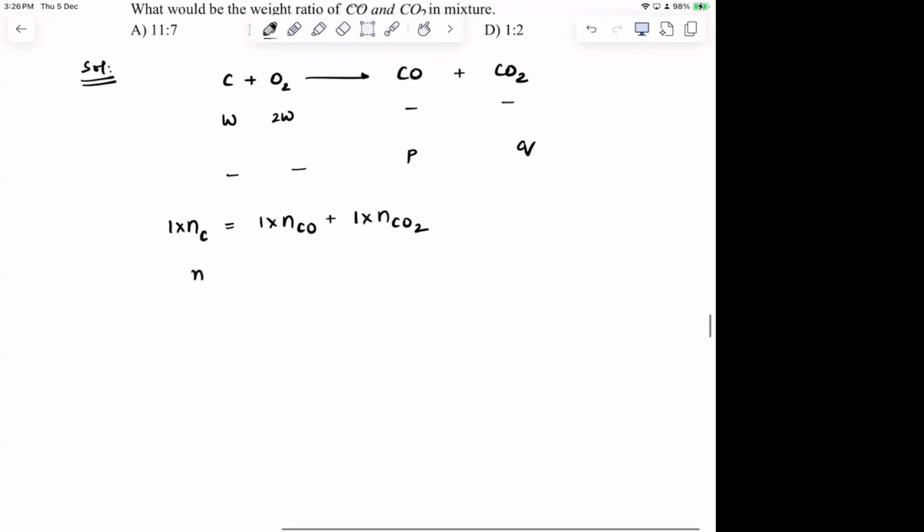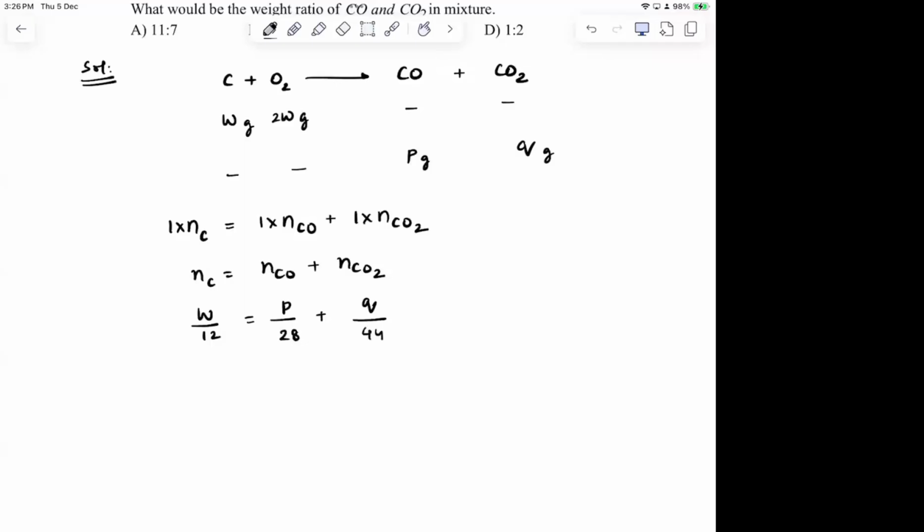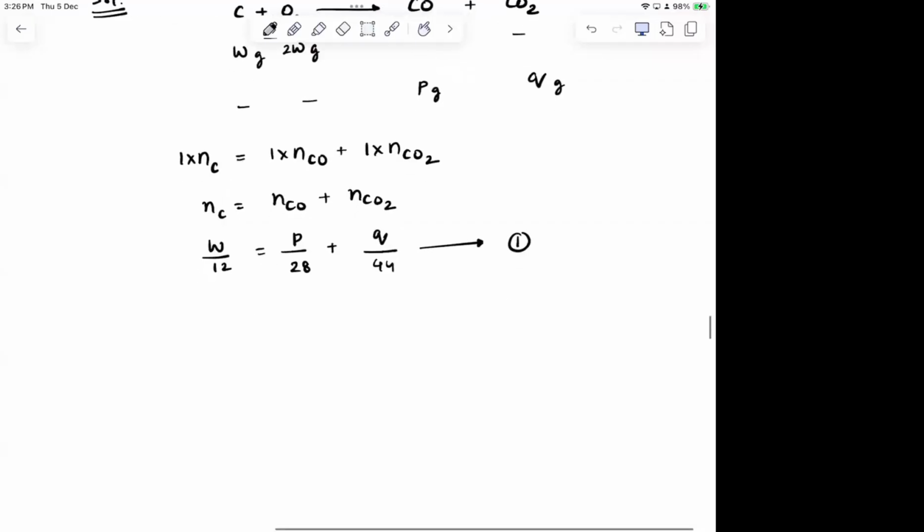So number of moles of carbon should be the same as number of moles of carbon monoxide plus number of moles of carbon dioxide, which is W by 12 must be equal to P by 28 plus Q by 44. Everything is in grams. This is equation 1. Correct.